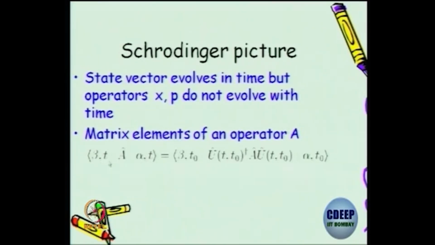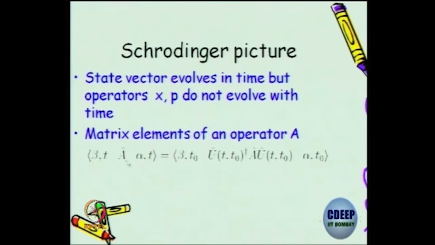You could have matrix elements between two different state vectors at the same time. Equivalently, you can use the Schrodinger evolution equation, which is the unitary operator acting on the initial state at initial time t0. Similarly, on the bra vector, it's going to be the U dagger.